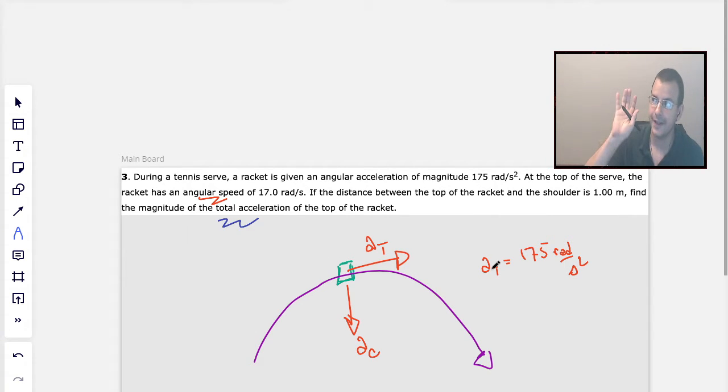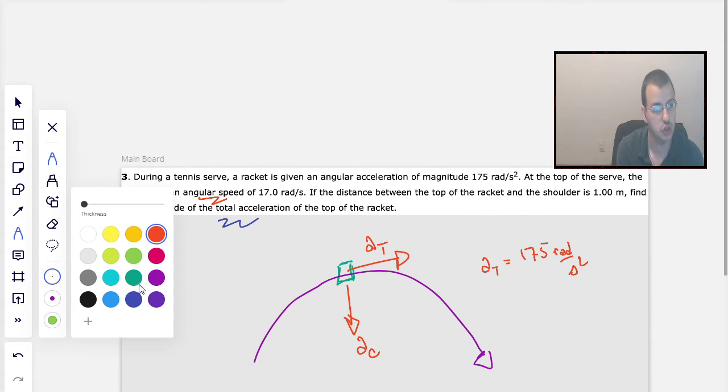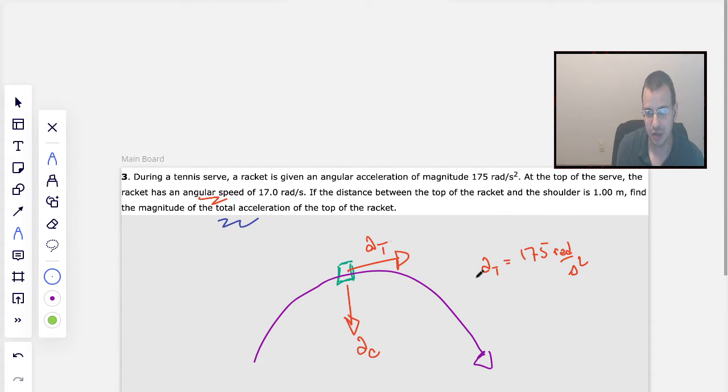A velocity has two components. It has both a magnitude and direction. Tangential acceleration is changing the magnitude of the velocity. It's speeding up the way we traditionally think of speeding up. The other part of velocity, the direction, when we change the direction, that's due to centripetal acceleration.